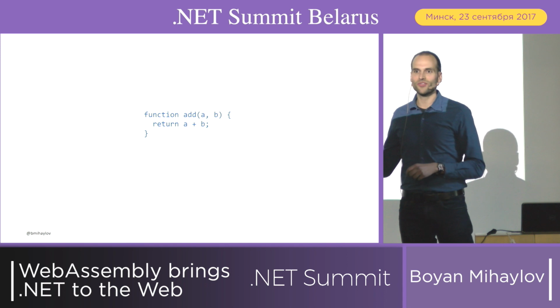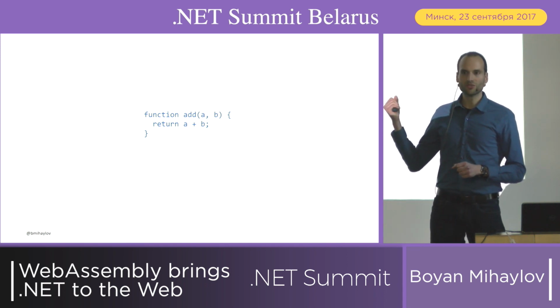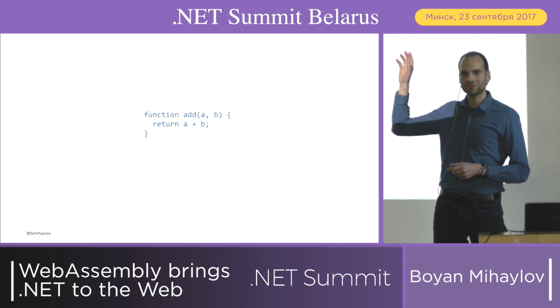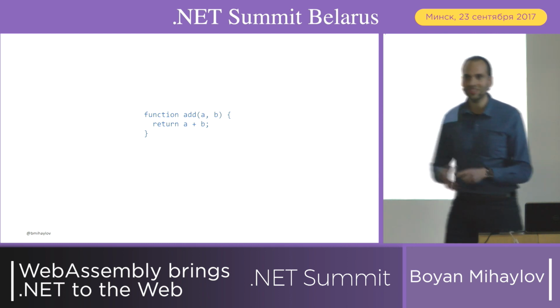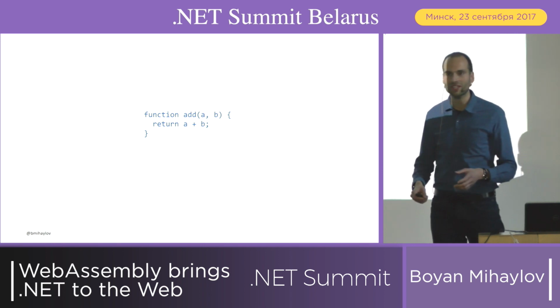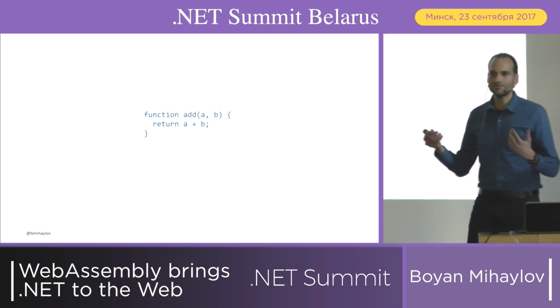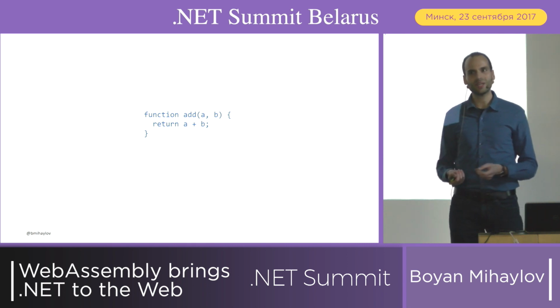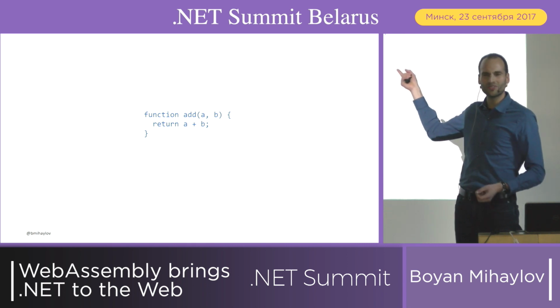Let's have a look at this very simple JavaScript function. How many of you write JavaScript, by the way? All right, great, then you love JavaScript. So you know, this is a very simple function that adds two numbers, right? Or, well, I want it to be numbers, but the thing is that JavaScript is a highly dynamic language, so I don't really know if these are numbers that I'm going to add here.